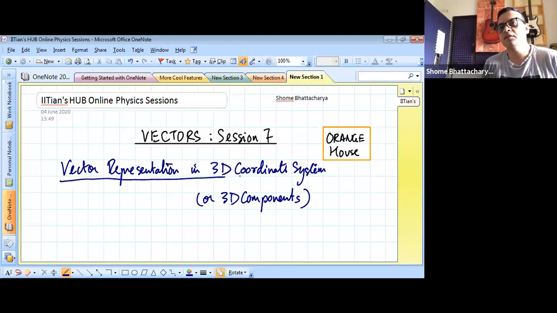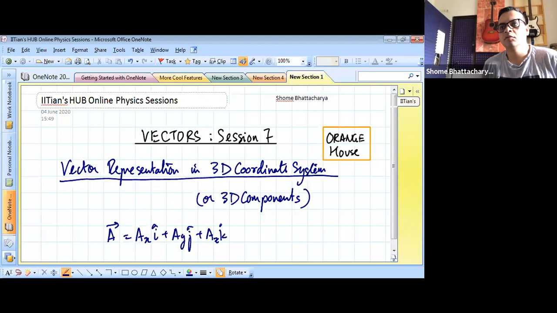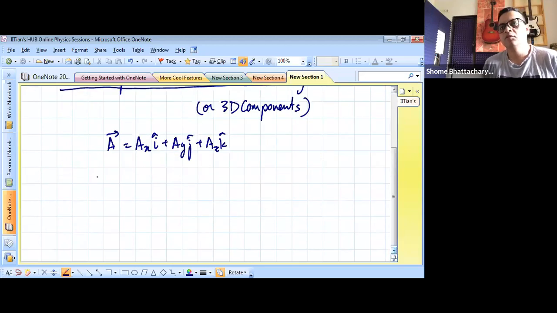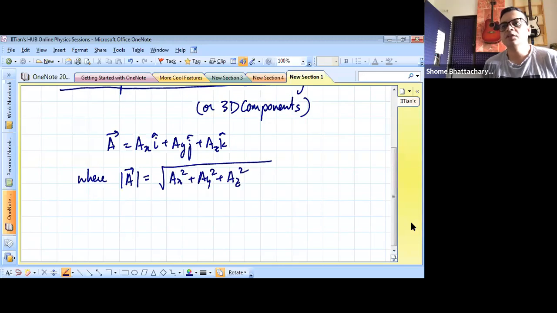This was what we were looking at last time, and we saw that any vector represented in three-dimensional component form is given by this kind of an equation, where the magnitude of the vector becomes the square root of Ex square plus Ey square plus Ez square.